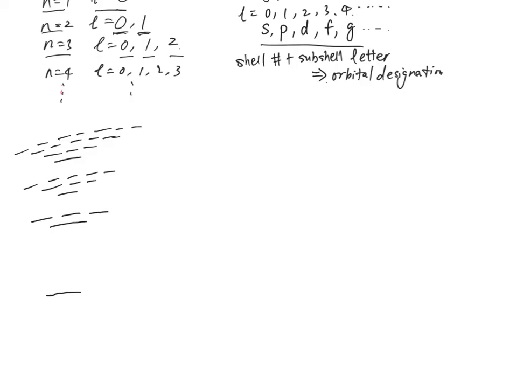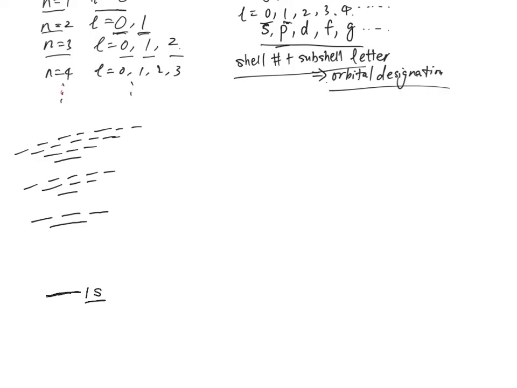How do you get this orbital designation? We say this obviously is the first shell, and this is the only subshell for the first shell because you have no other possibilities. L equal to 0, we call it an s orbital. So this is putting together the number and the letter. We call it the 1s orbital.